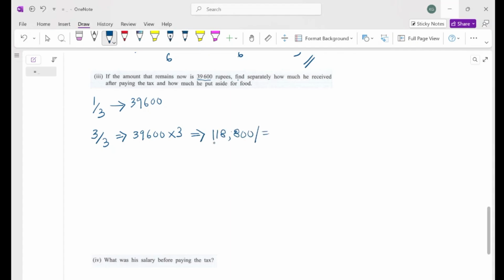This is 118,800 rupees. Okay, so this is the amount he received after paying the taxes. So the question is to find how much he received after paying the taxes.